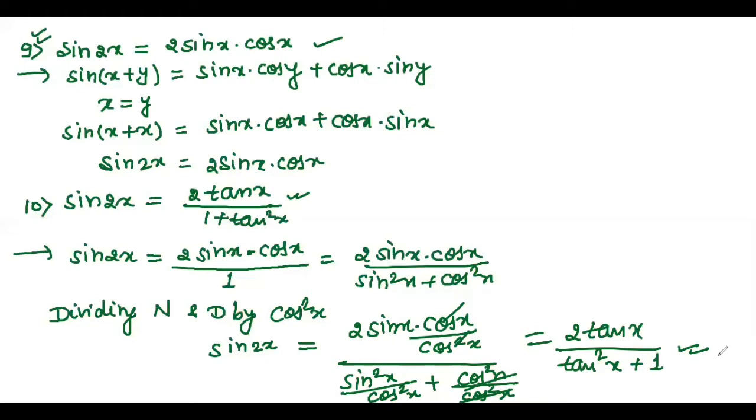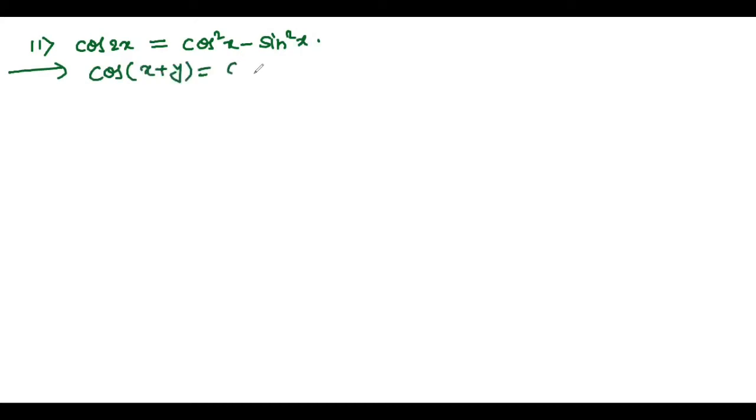Now, next 11th number, this is of cos 2x. Now cos 2x is cos square x minus sine square x. We'll derive it. So we have seen cos of x plus y equals cos x into cos y minus sine x into sine y.